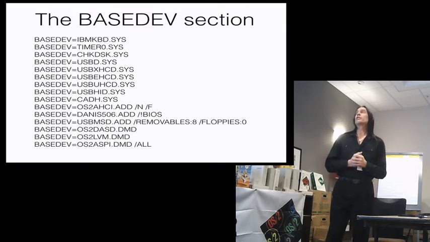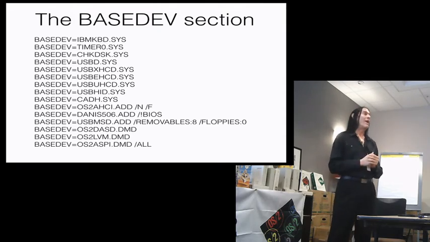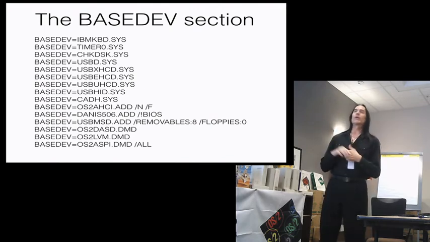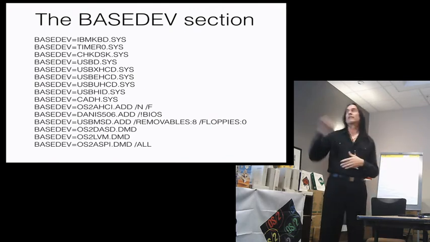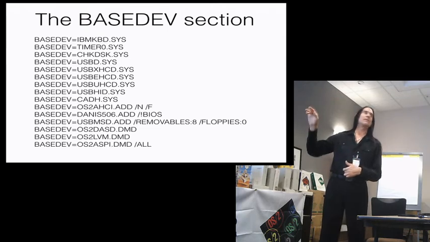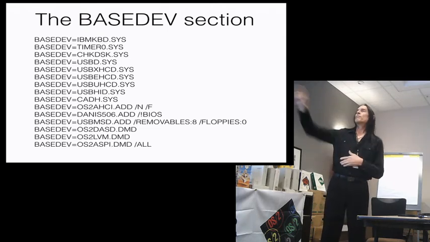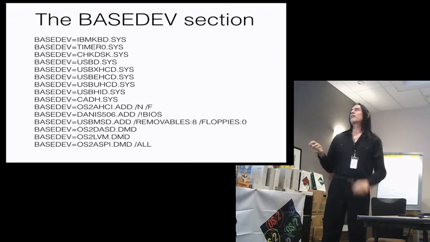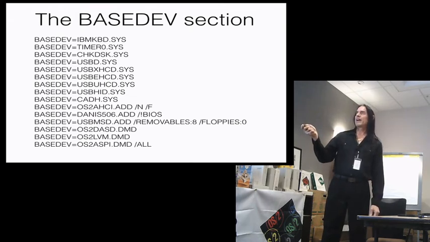The new 32-bit drivers initialize themselves when they load, which is the reason for the reverse order, because they're loaded in this order and they will initialize themselves in this order. So all of the drivers that control hardware, which is XHCD, EHCD, UHCD, they all communicate with the USB-D driver.